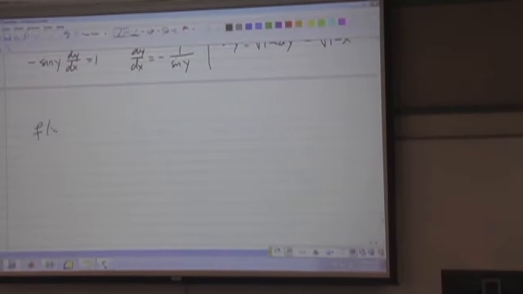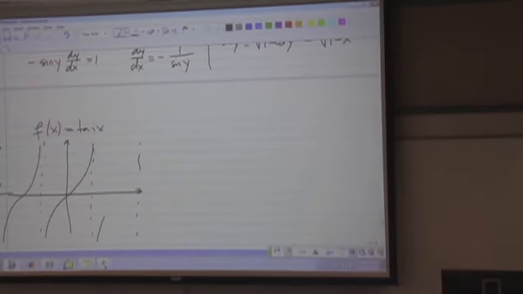Let's write it out. The idea with it is that it has vertical tangents at all multiples of pi over 2. Again, clearly it's not a one-to-one function, but it should be an obvious way of actually making it one-to-one, right?